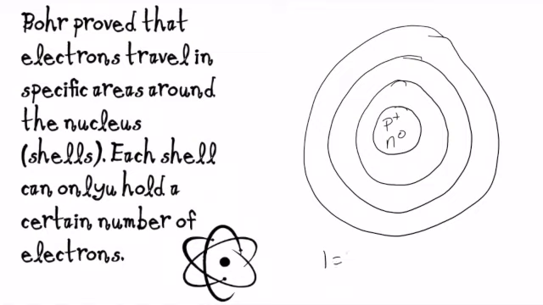The first shell can hold 2, the second shell can hold 8, the third shell holds 18, and the fourth shell holds 32. So when filling the shells with the electrons, you always start at the smallest shell and then add electrons to the outer shells as you need them.